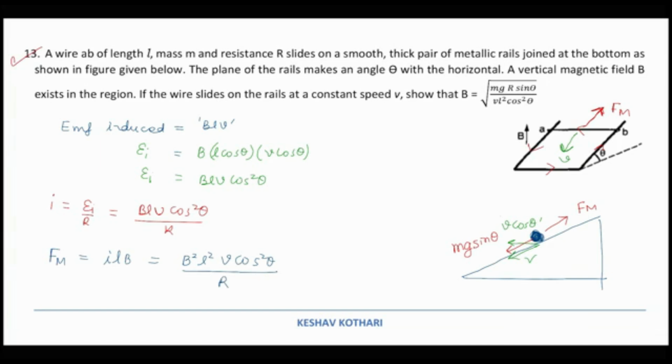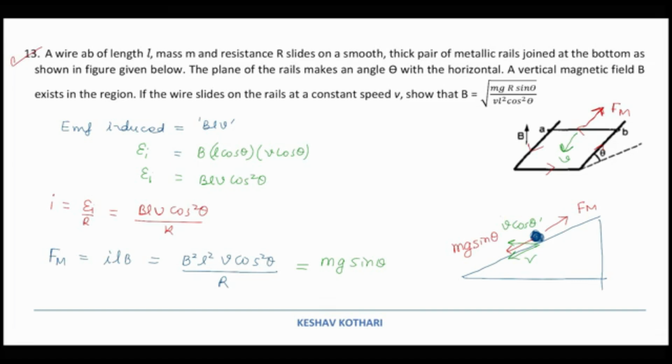And now if this metallic rod is to move with a constant speed v, it is important that the net force on this must be 0. So hence I can say that F magnetic is balanced by mg sin theta. So from here I can calculate the value of magnetic field.